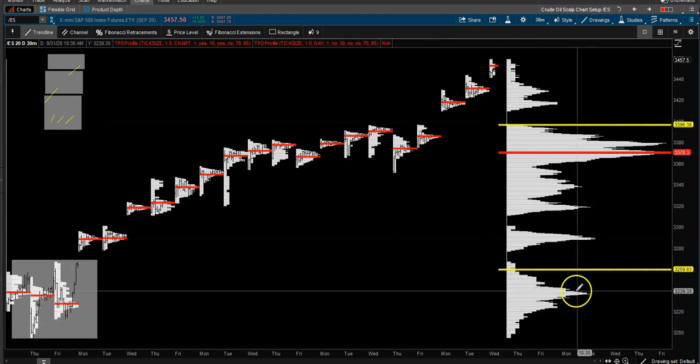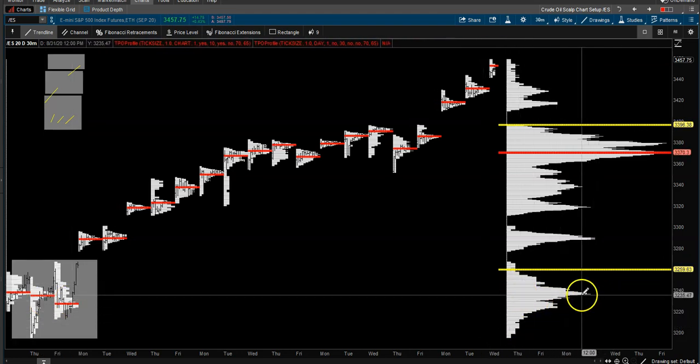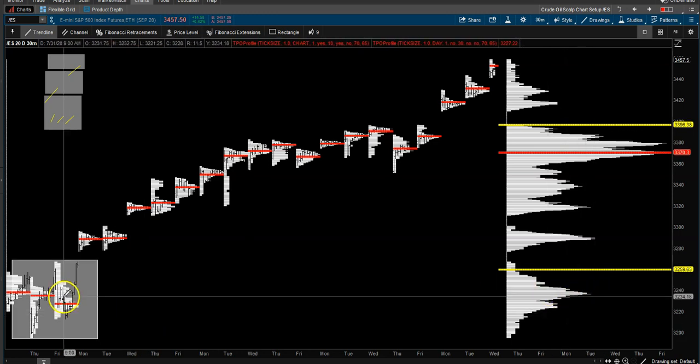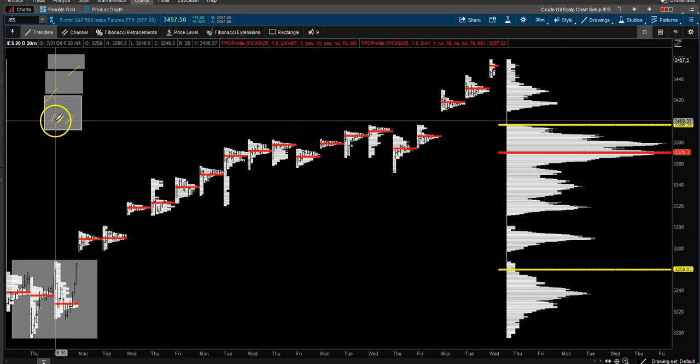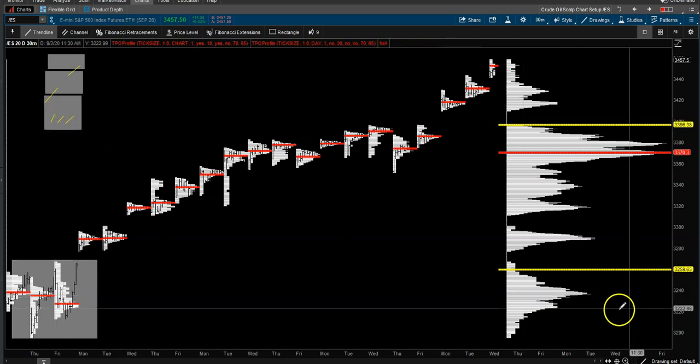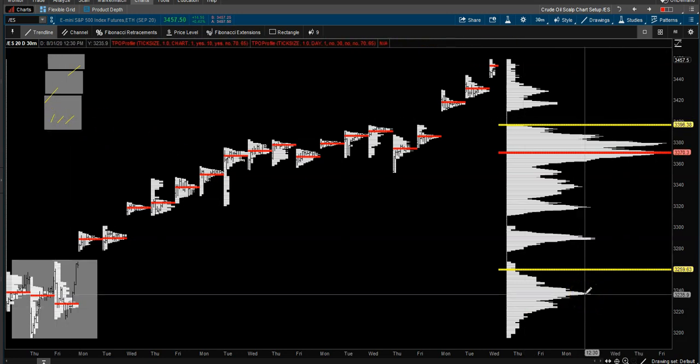And that's what creates this point of control, right? The most volume traded is where you've spent the most time. Maybe it's an aisle, but on market profile, it is price. So you spend the most time at a certain price, right?